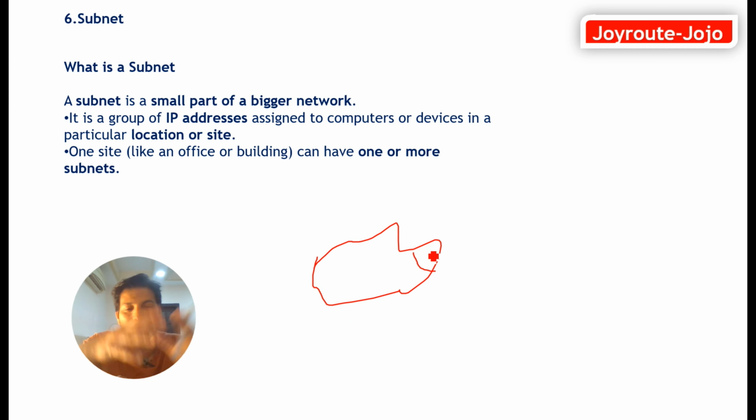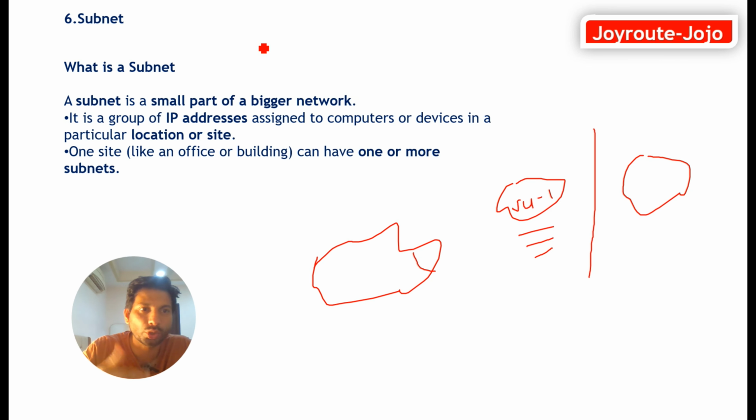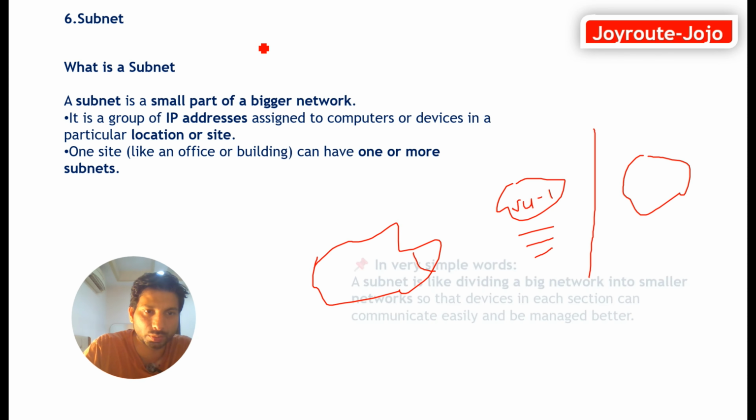You can slice a bigger network into different subnets, and you can arrange the security accordingly. Alright, that's all about subnets, and that is one physical component of Active Directory Domain Services.